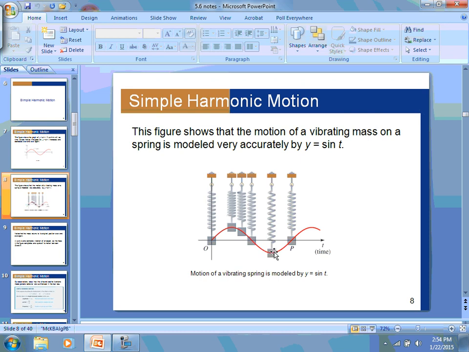Once it's reached its maximum stretching capacity, it would come back up and might repeat over and over again, where it compresses and stretches and compresses and stretches. So that is one way that we can use the sine function to model a real world situation.